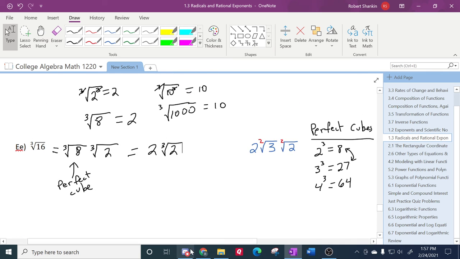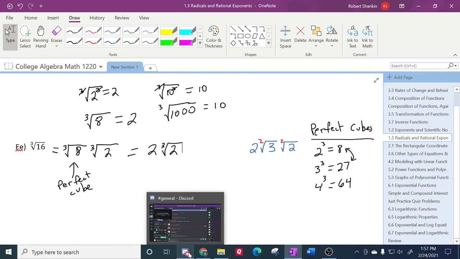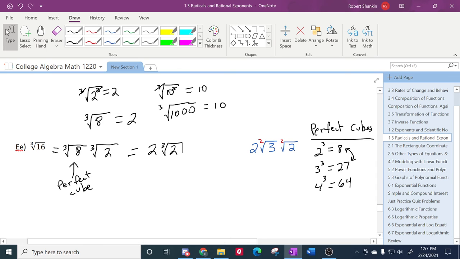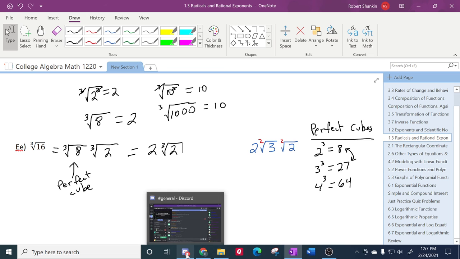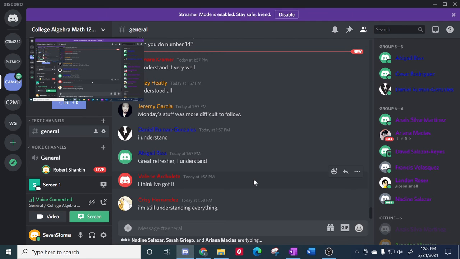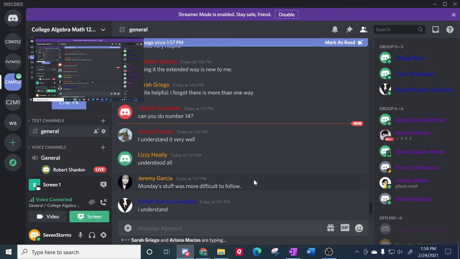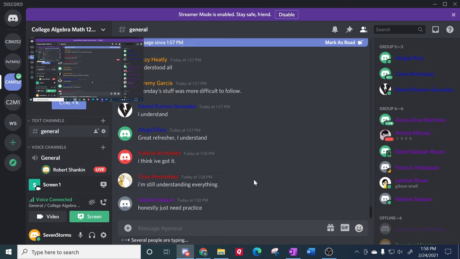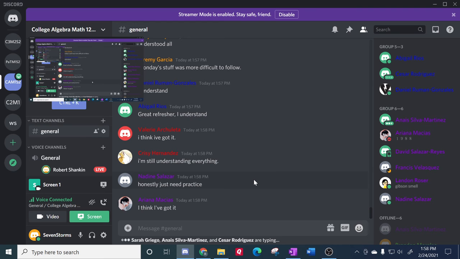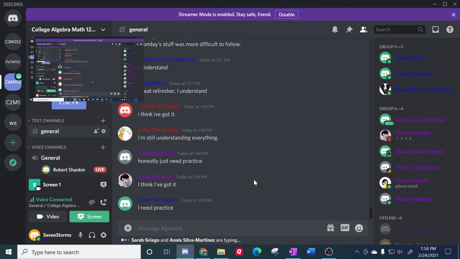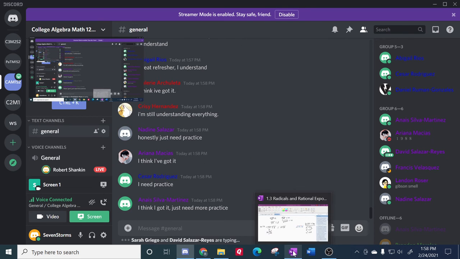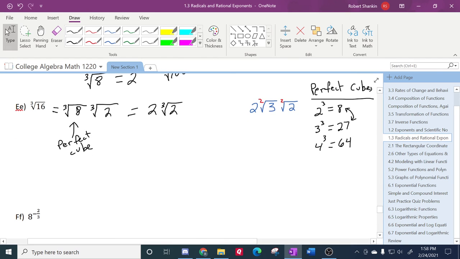Give me a quick little bit of feedback, because I can do another one with cube roots if people are confused here. Okay, looks like people are getting it. That's good. So let's keep going.